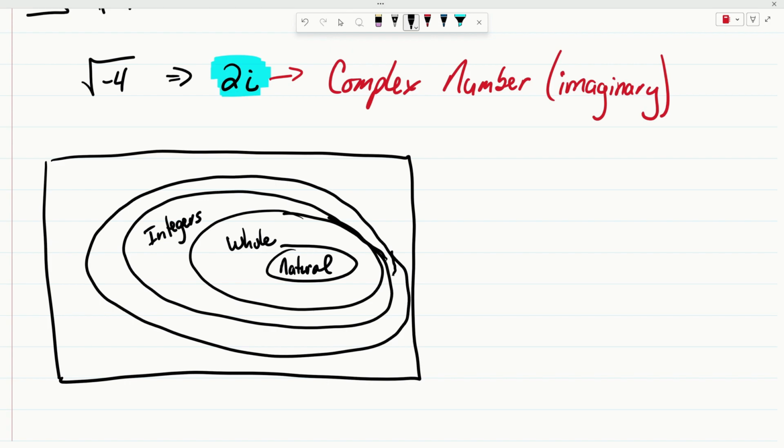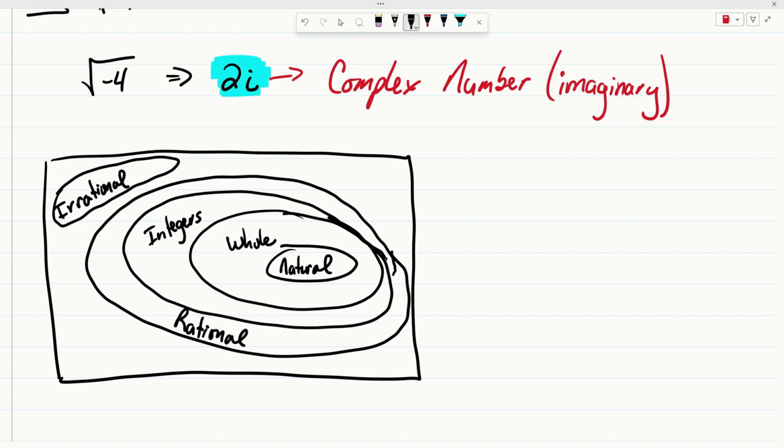You have your rational numbers. Then over here, in its own little circle, you have your irrational numbers.